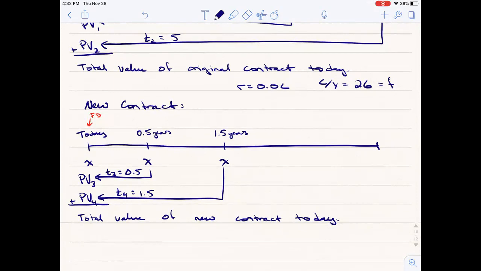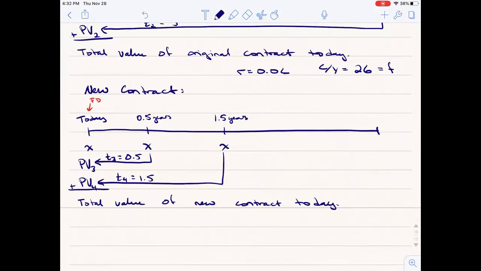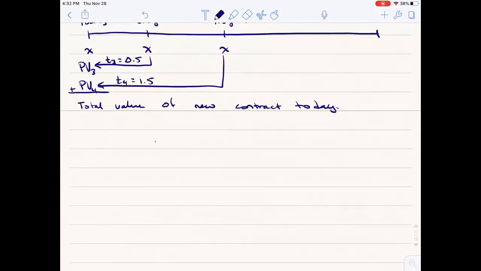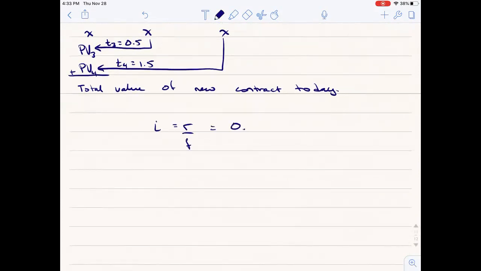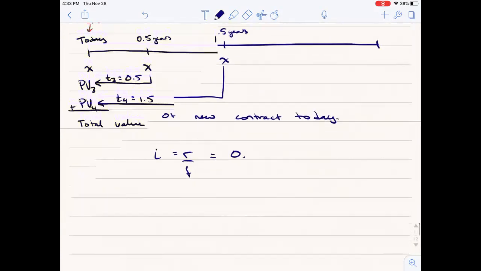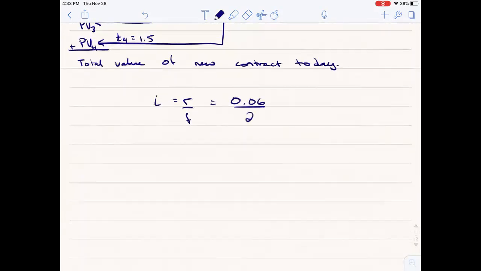Now that we've used the compoundings per year, I find it's hard to go back to just using F, because later we'll have F1 and F2. But now it's just F, or F1, and we don't have F2. So our first thing is I1, where I is just R over F. I'm going to get that out of the way: 0.06 over 26.